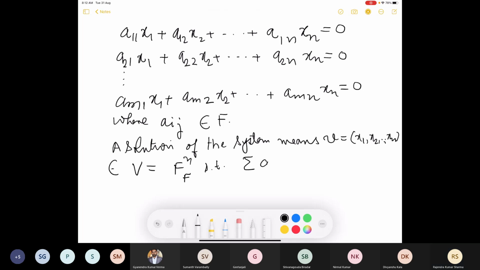That means, for the ith equation, with i fixed and j from 1 to n, the sum of aij xj is equal to 0 for every i from 1 to m.